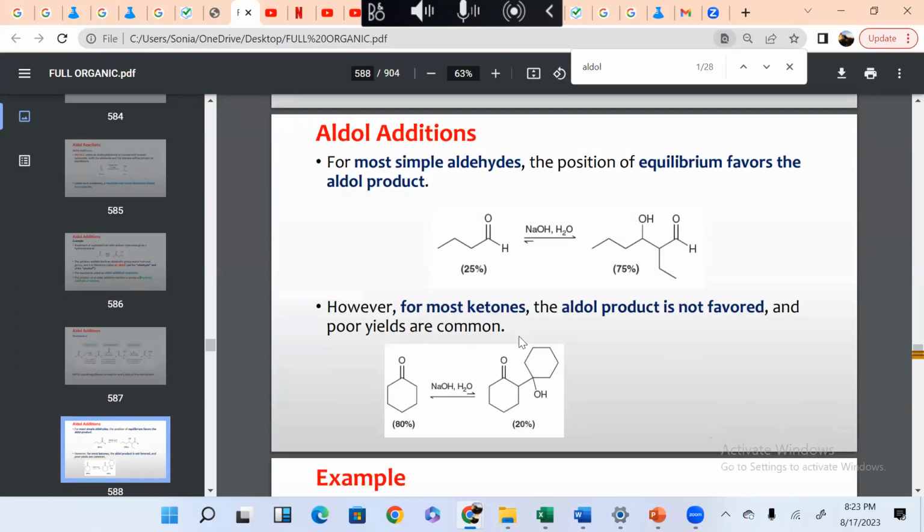But for most ketones, the aldol product is not favored, and poor yields are common. You can see when you're reacting a ketone, in the same reaction conditions, sodium hydroxide and water, only 20% of the aldol product is formed. But for aldehyde, 75% is formed. So for simple aldehydes, the position of equilibrium favors the formation of this aldol.